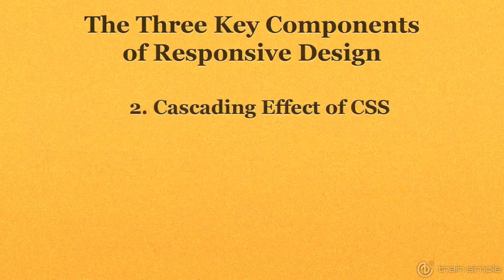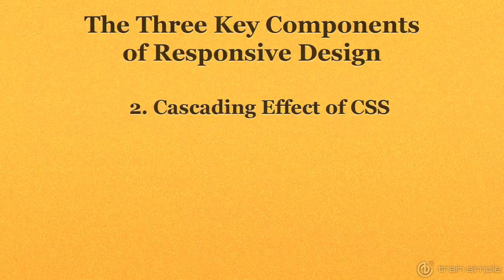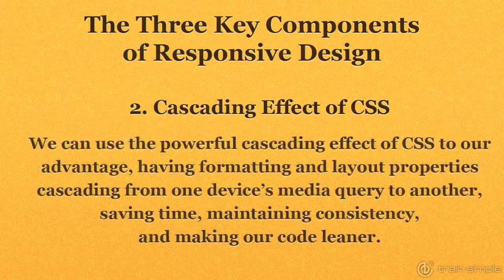The second key component, no doubt you're familiar with the C in CSS, the cascading effect of CSS. We can take advantage of the powerful cascading effect of CSS when we're building our responsive WordPress themes, having formatting and other layout properties cascade from one device's media query down to other media queries.